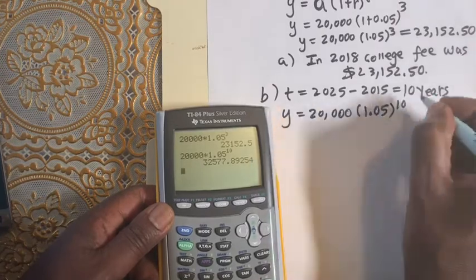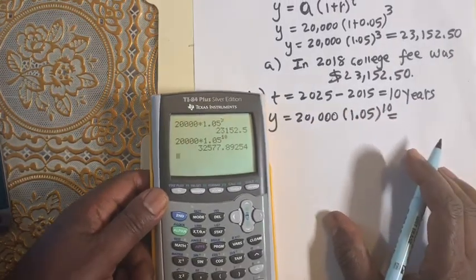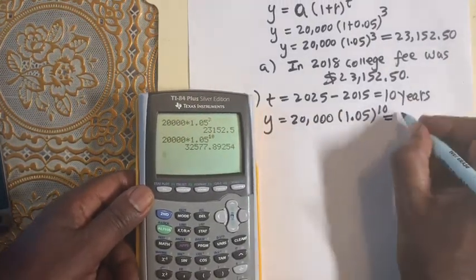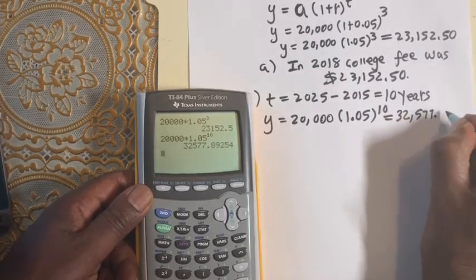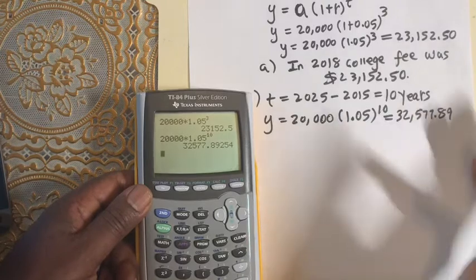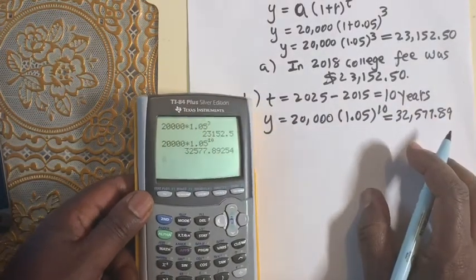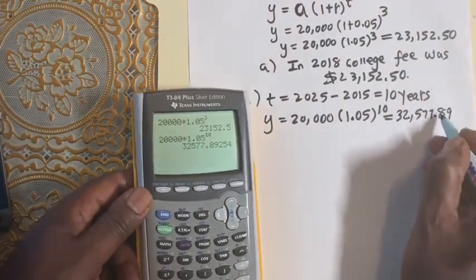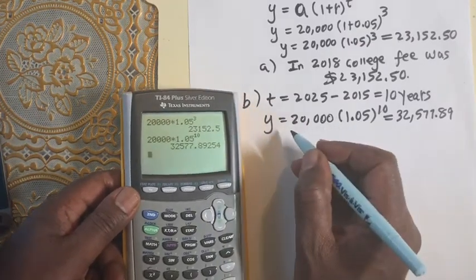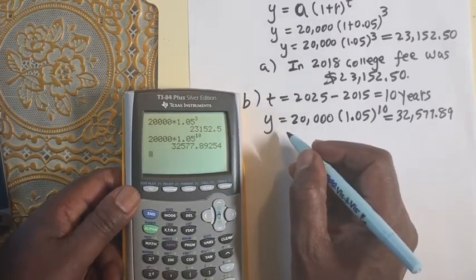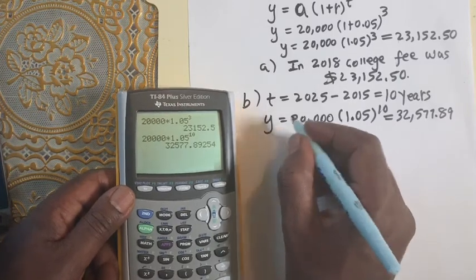So I get this value to be 32,577.89, which is in fact can be 90. No, it should be 89, because 2 is less than 5 there. So how much will college tuition be in 2025?